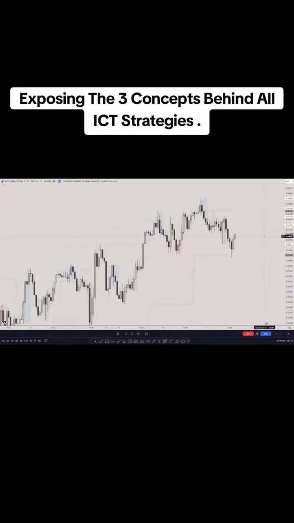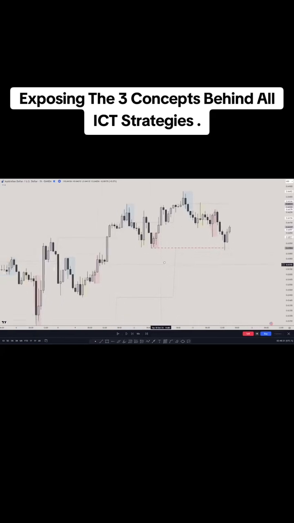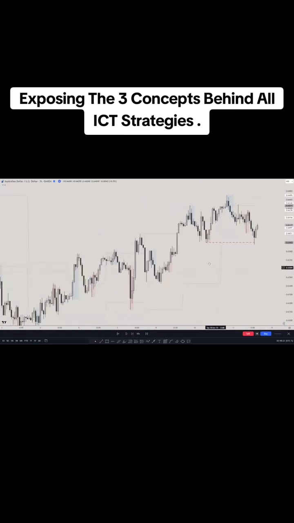In this example right here, what do we have? Why was this previous day low respected? Because if we look at the higher time frame, the 1 hour in this example, we can see that the previous day low was this one. And what did it have below? A fair value gap. So this is a low in a fair value gap. That's one of the confluences. Another one is that the order flow was really going to the upside.